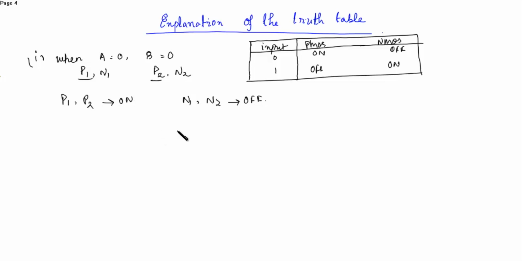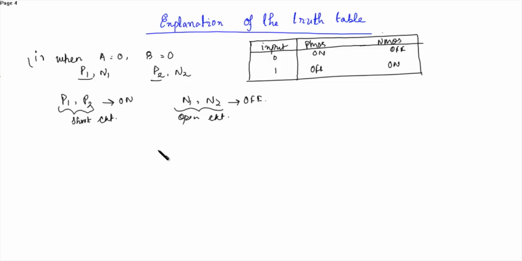So if you want to represent it in the schematic, if the MOSFET is on, then it gets short circuited and this gets open circuited.